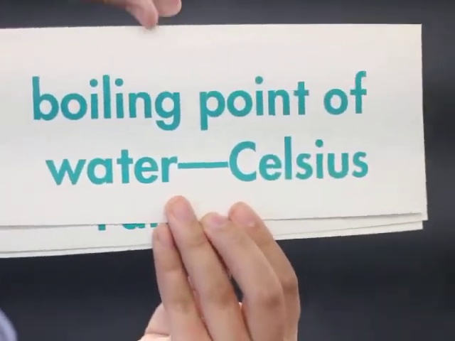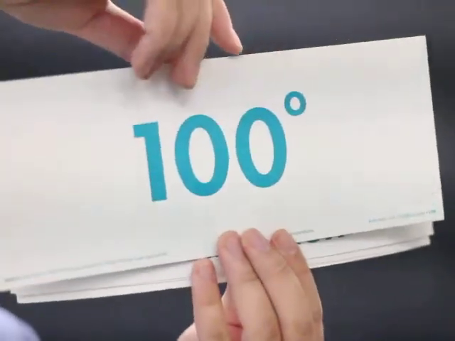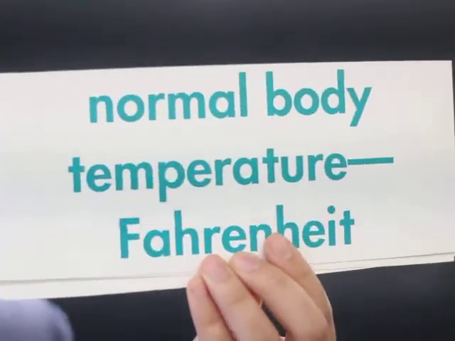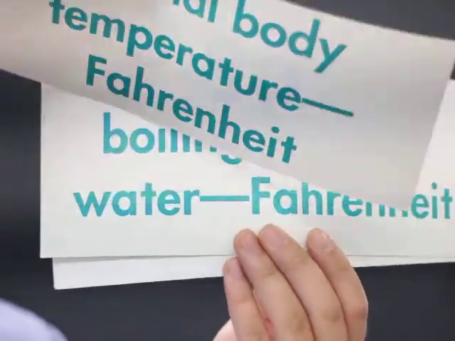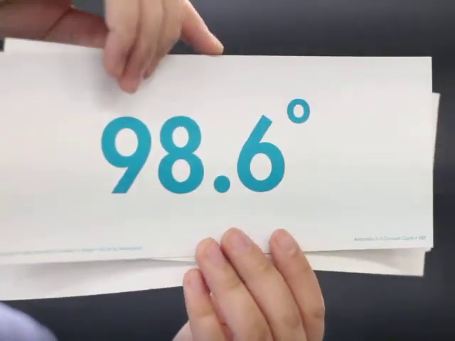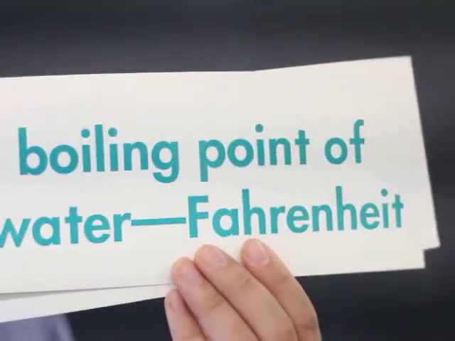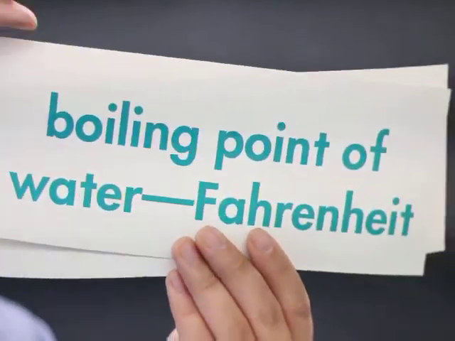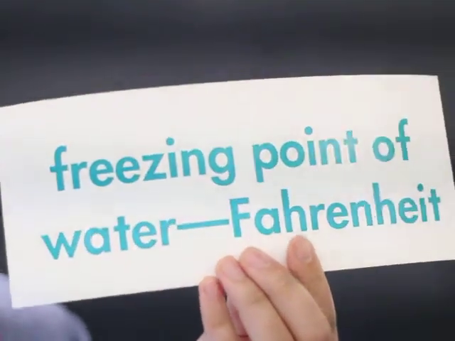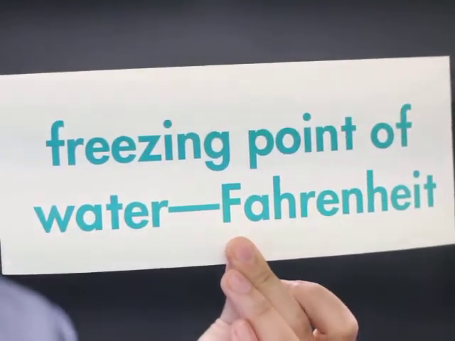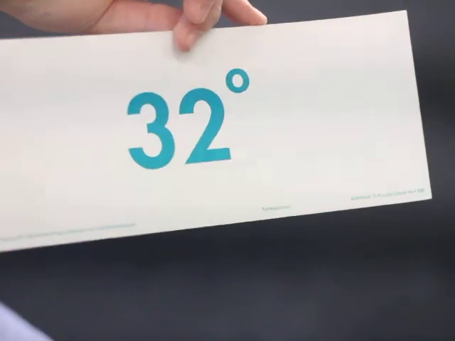Boiling point of water Celsius? 100 degrees. Normal body temperature Fahrenheit, 98.6 degrees. Boiling point of water Fahrenheit, 212 degrees. And freezing point of water Fahrenheit, 32 degrees.